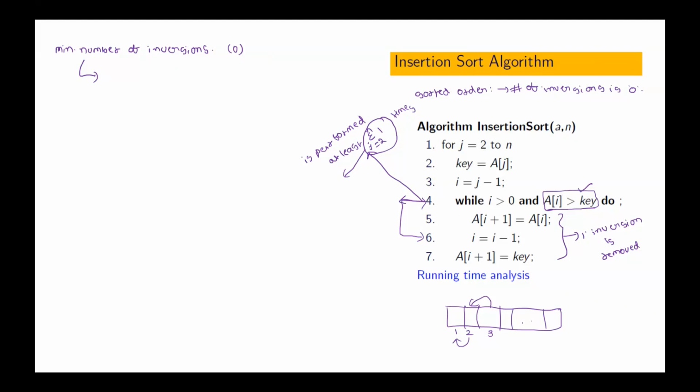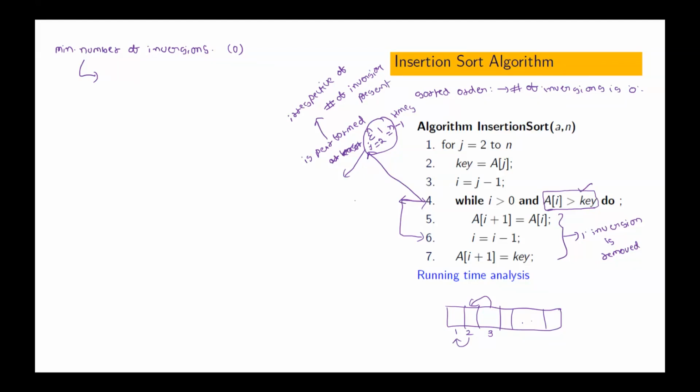So step 4 is performed at least n minus 1 times, irrespective of the number of inversions present. Is that correct?